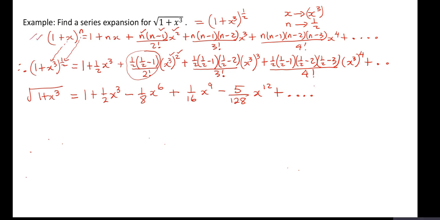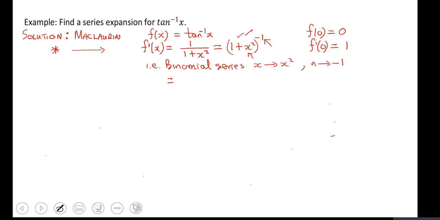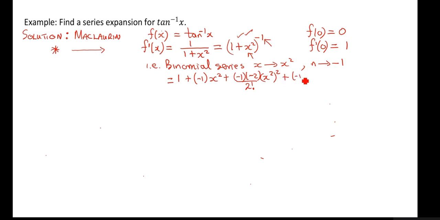1 plus nx. So using that formula, I will get the first term, 1. Then -1 times x squared. Then -1 minus 2 over 2 factorial, x squared all squared, and so on. Then -1 minus 2 minus 3 over 3 factorial, x squared all cubed.